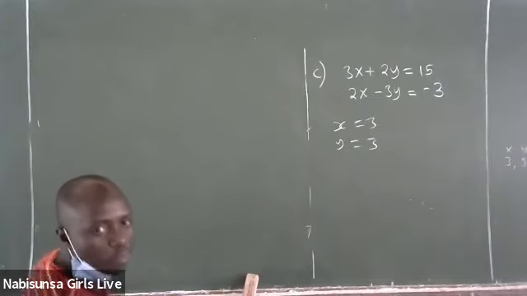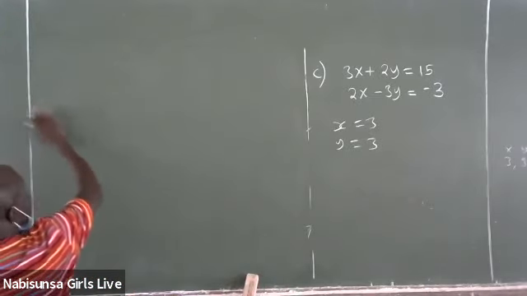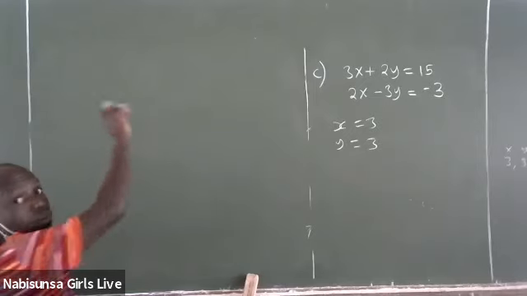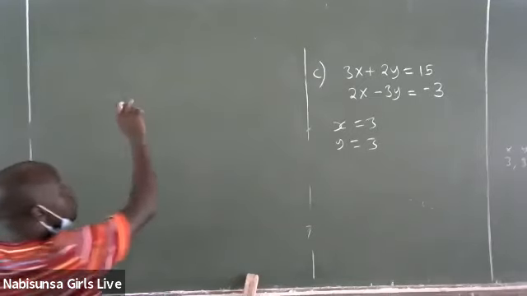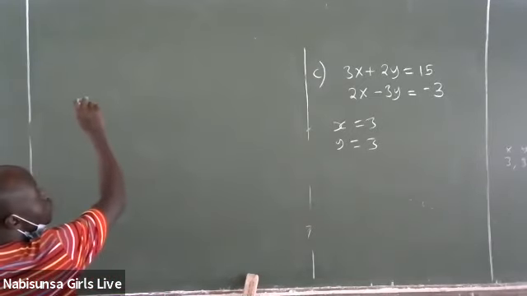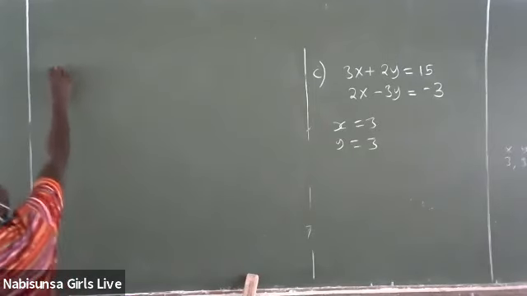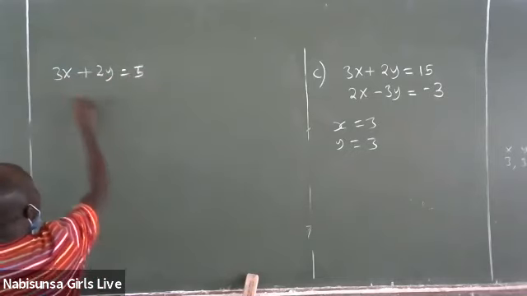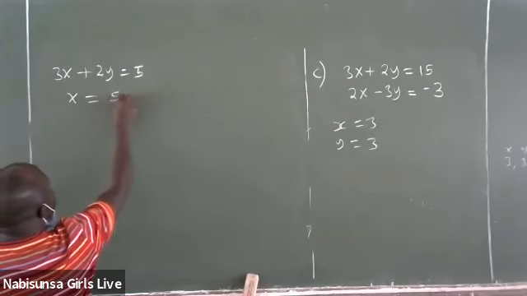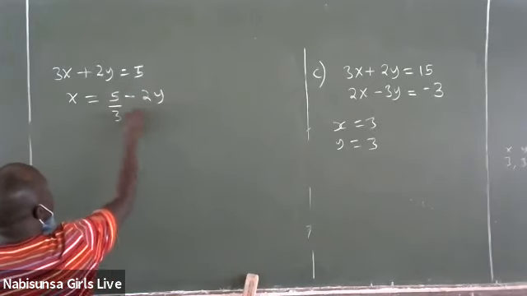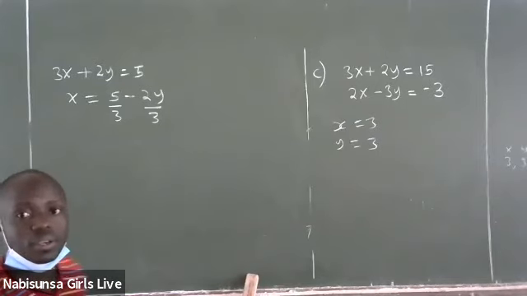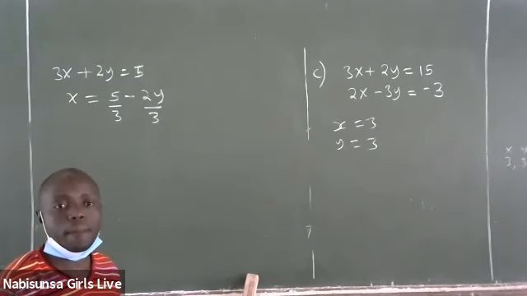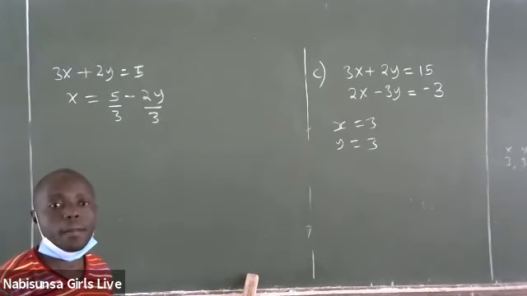So what did you do first? I made x the subject of equation 1. You made x the subject. Did you end up with 5 minus 2y over 3? Mariam, did you end up with something like that? I had seen that number as 15, not 5. Oh.